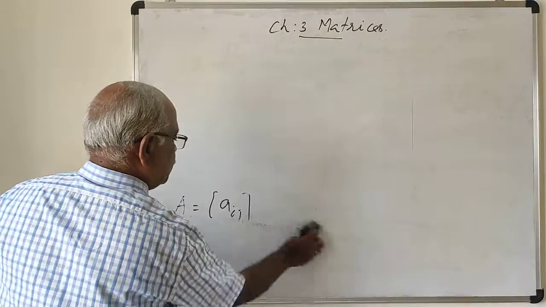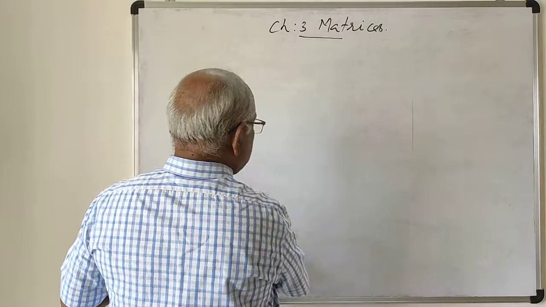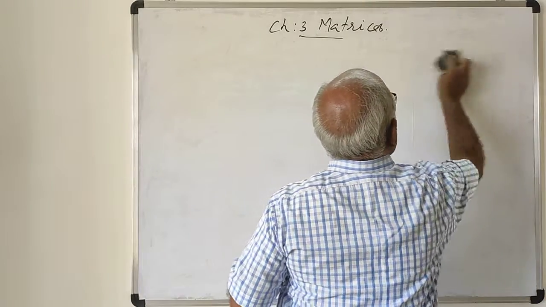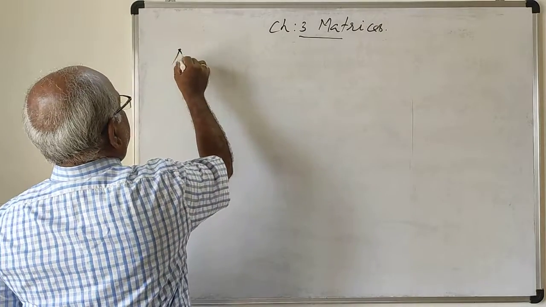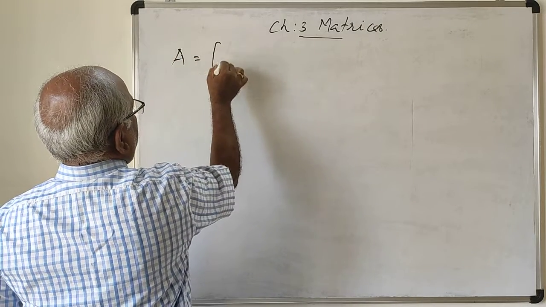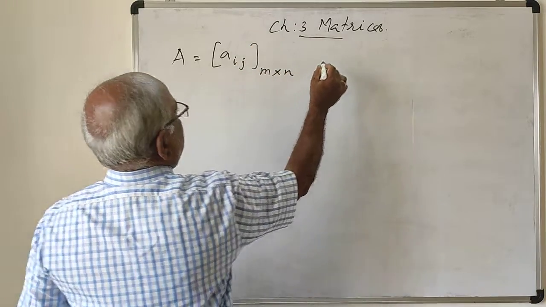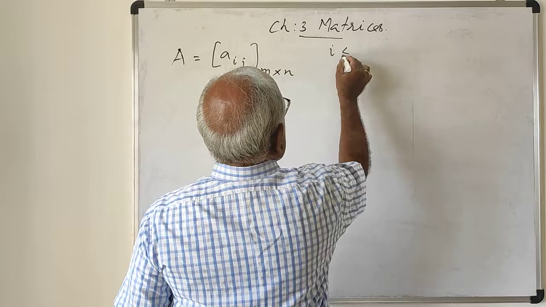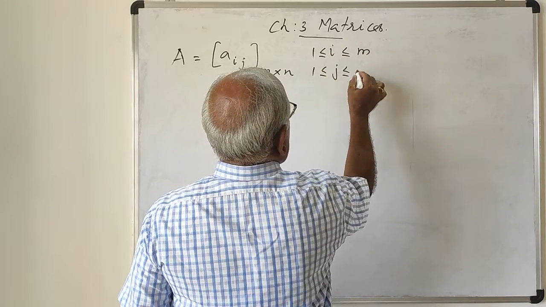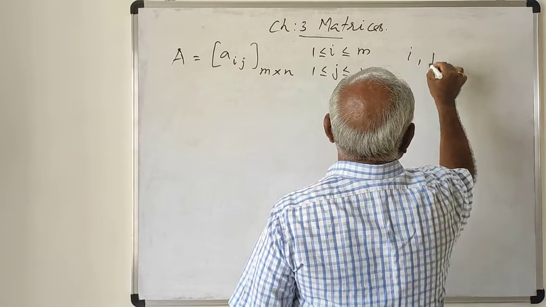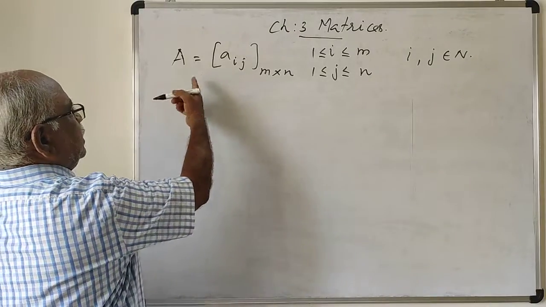So I am going to define a matrix of order m by n. How the elements of a matrix of order m by n are expressed, we will see. A is a matrix defined by Aij of order m by n, where i lies between 1 to m and j lies between 1 to n, where i and j belong to natural numbers. See, this matrix is expressed element-wise.